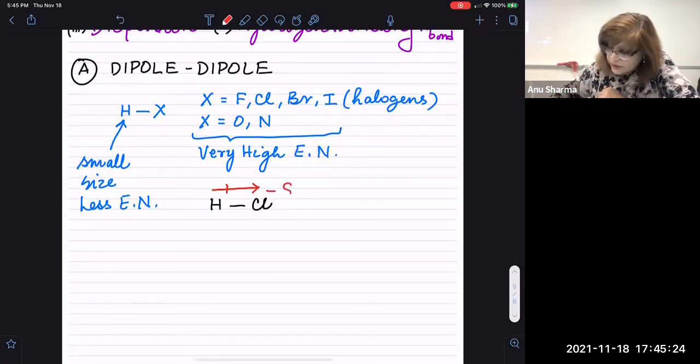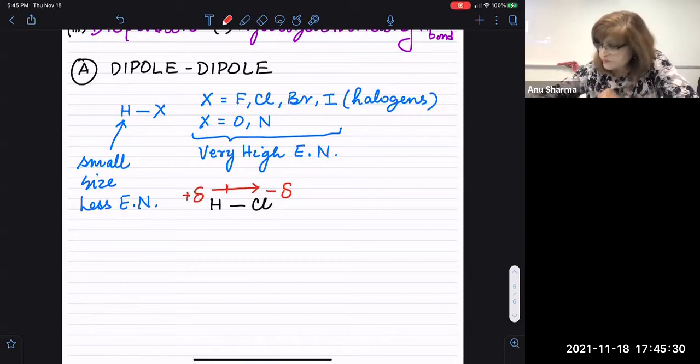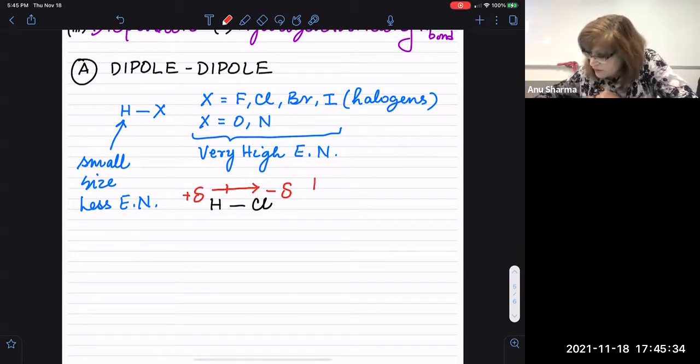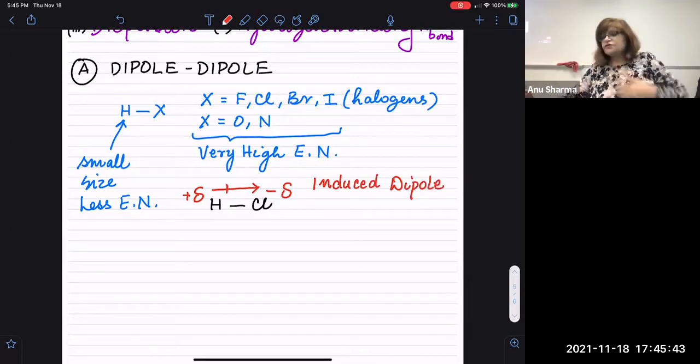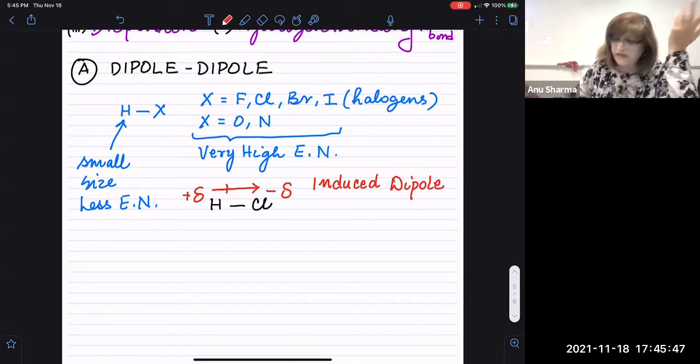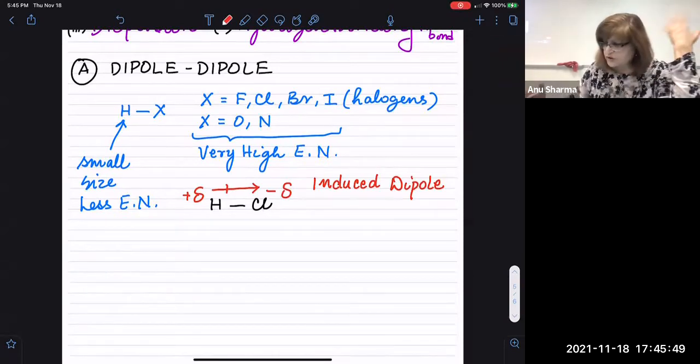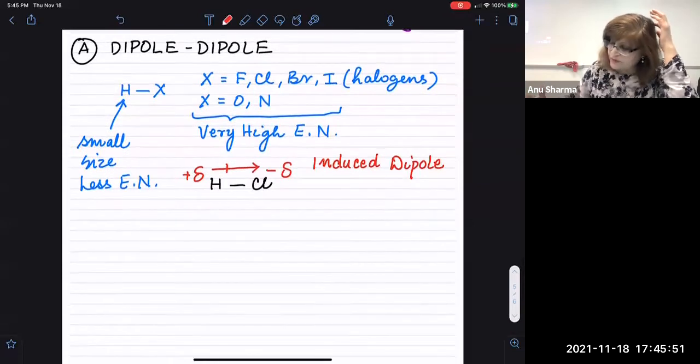As a result, chlorine gets a delta negative charge, and this hydrogen gets a delta positive charge. So this is induced dipole because of the nature of chlorine. If nitrogen was there, same story. Fluorine, same story. It's just whichever is the more electronegative, it is going to happen.